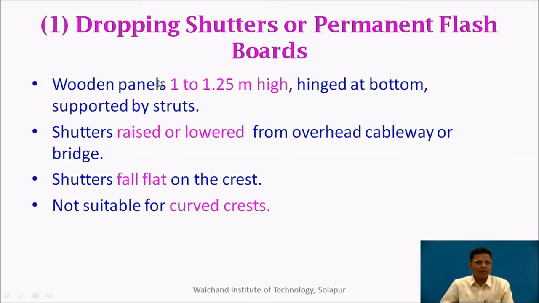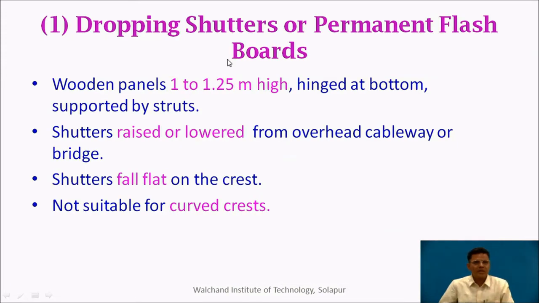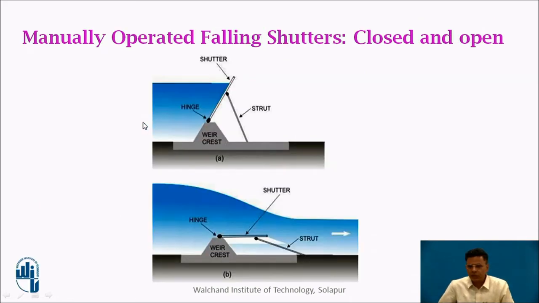Firstly, we will discuss the dropping shutters or permanent flashboards. Dropping shutters or permanent flashboards are wooden panels 1 to 1.25 meter in height, hinged at the bottom and supported by struts. You can see here this is a hinge, this is a shutter, this is a strut, and this is a weir crest.